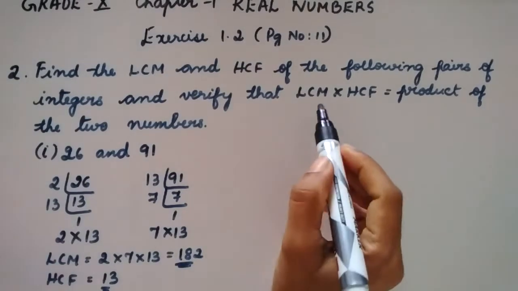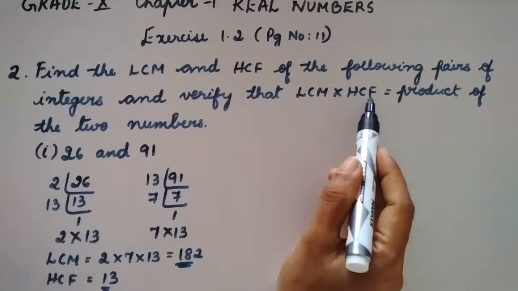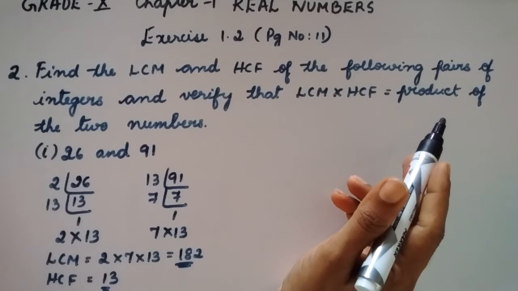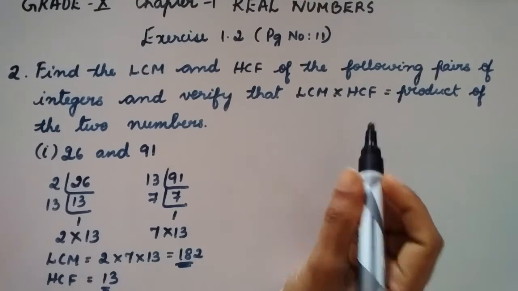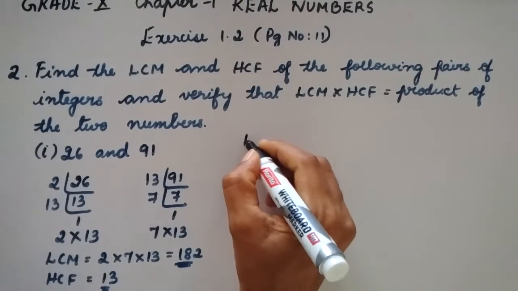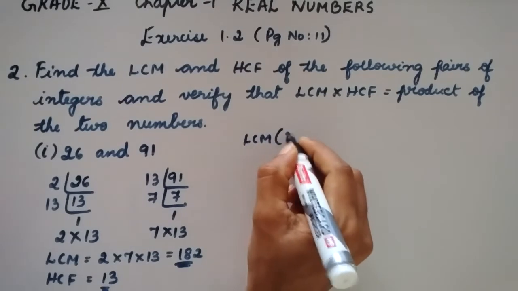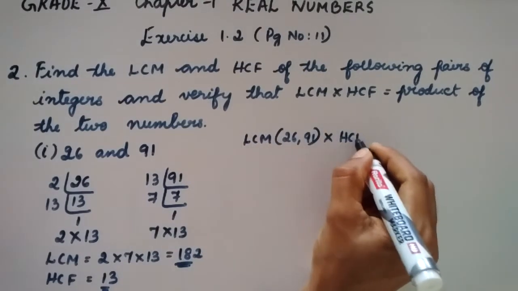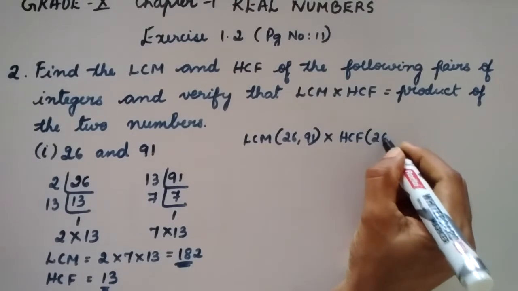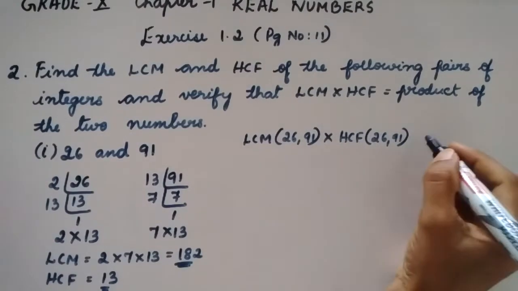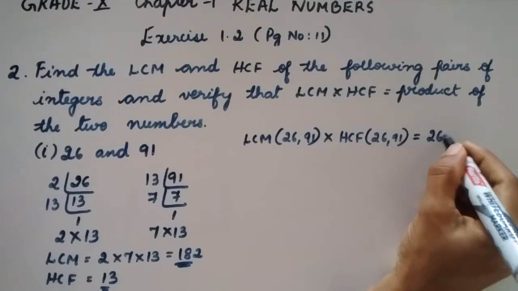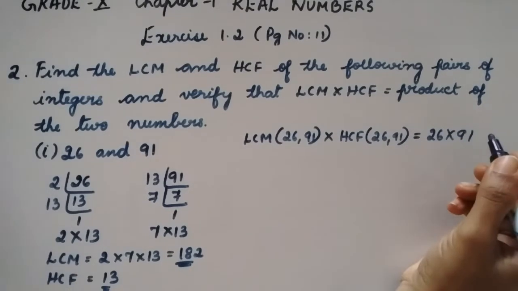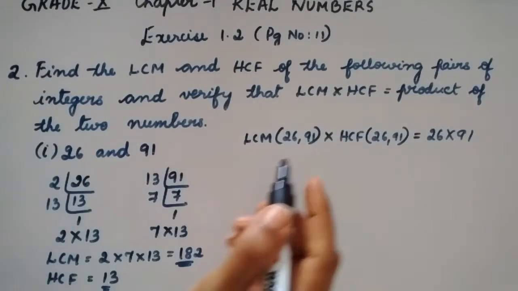Now next let us verify whether LCM into HCF is equal to product of the two numbers. So let us write LCM of 26 and 91 into HCF of 26 and 91 is equal to 26 into 91.